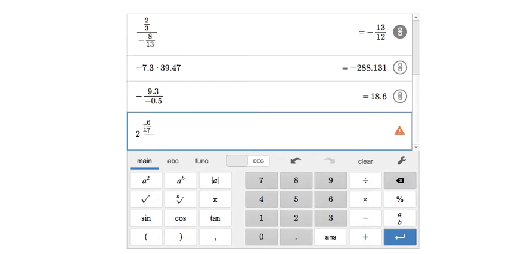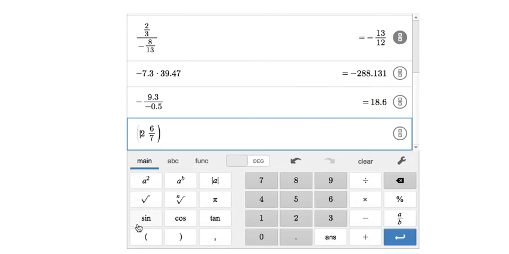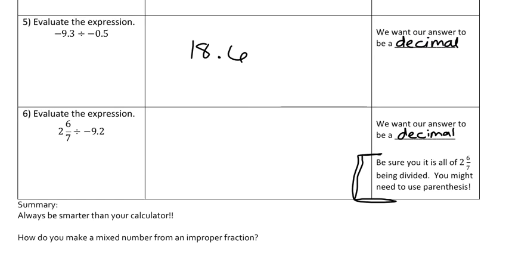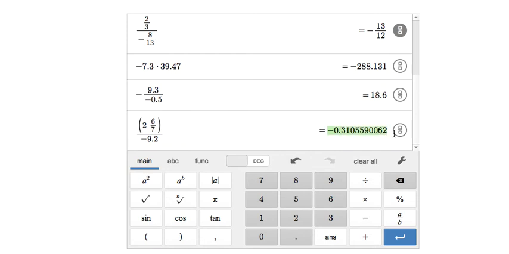I want that 2 to be on top as well. So instead what we're going to do is put this in parentheses. Remember, you can just click around. You don't have to delete everything. Divided by negative 9 2/10. Okay, and we get this super long number. So we're going to round it just to negative 0.31.